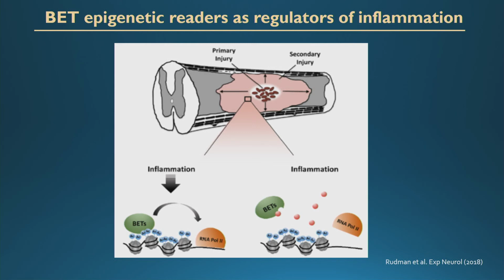these epigenetic readers, are responsible for the upregulation of the inflammatory cascade that follows spinal cord injury. If that is the case, then when you use an inhibitor molecule for these proteins, and we're lucky that there's a lot of interest in these BET proteins, so there are a lot of small molecules that selectively target these sites, we'll be able to reduce inflammation and have neuroprotection in the tissue.